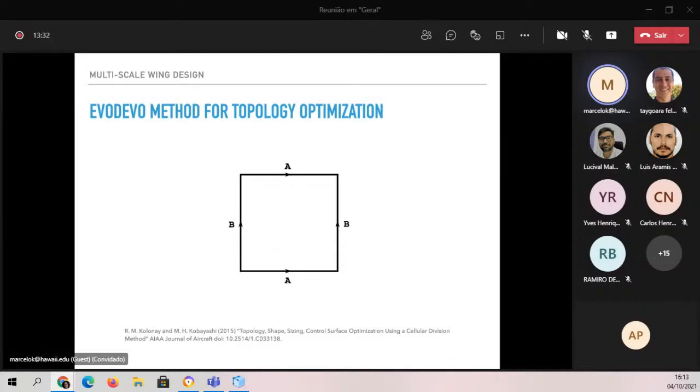The paper is of a relatively older version of the method, but I think it will give a good perspective of what we have been doing for aircraft design. So basically, the idea here is we are going to try to find where to place things, how to develop a structure by mimicking the process that nature developed organisms, right?